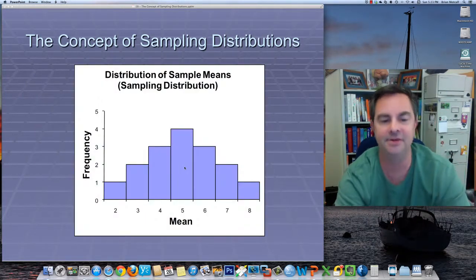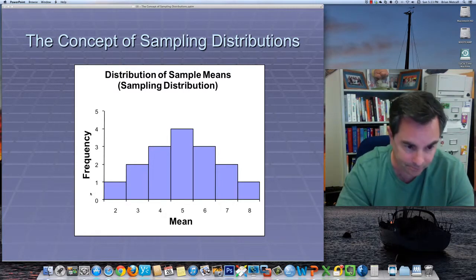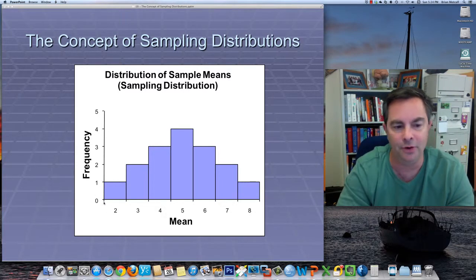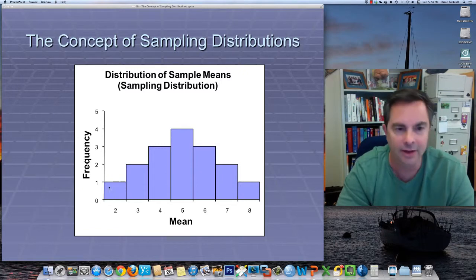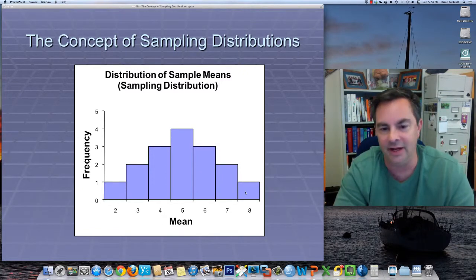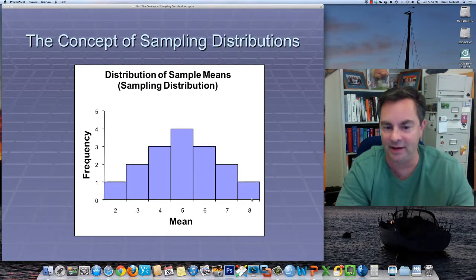And here it comes. Okay, as I pointed out on the table before, there was one and only one way to get a mean of 2. I could draw the 2 and then the 2 again, and there was only one way. So there's one block in here representing the mean of 2. Likewise, on the other end, there was only one way to get a mean of 8, and that was to get the 8 and the 8 a second time.